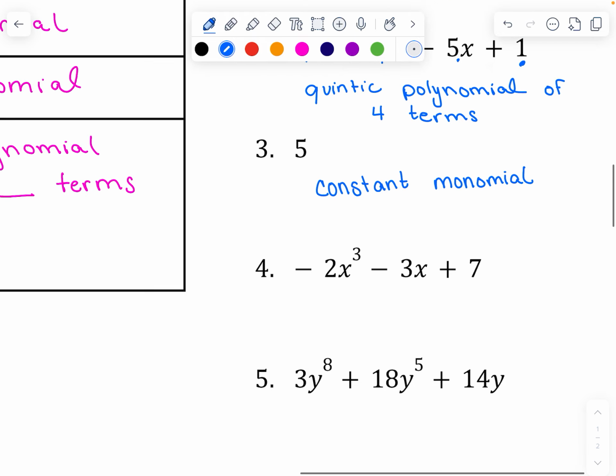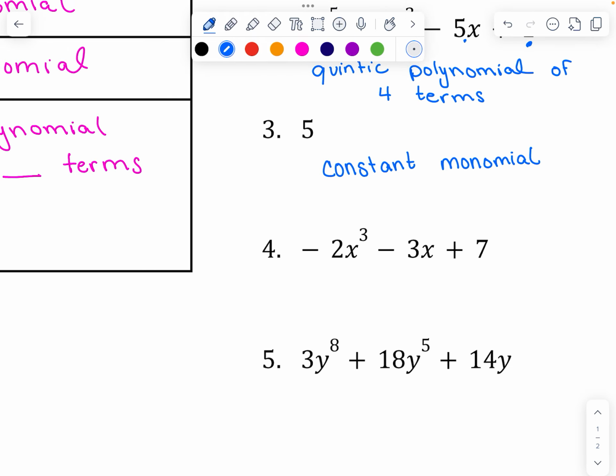Number 4, we have negative 2x to the third minus 3x plus 7. So my highest degree is 3. So that is going to be a cubic. We have 1, 2, 3 terms, so it's going to be a cubic trinomial.